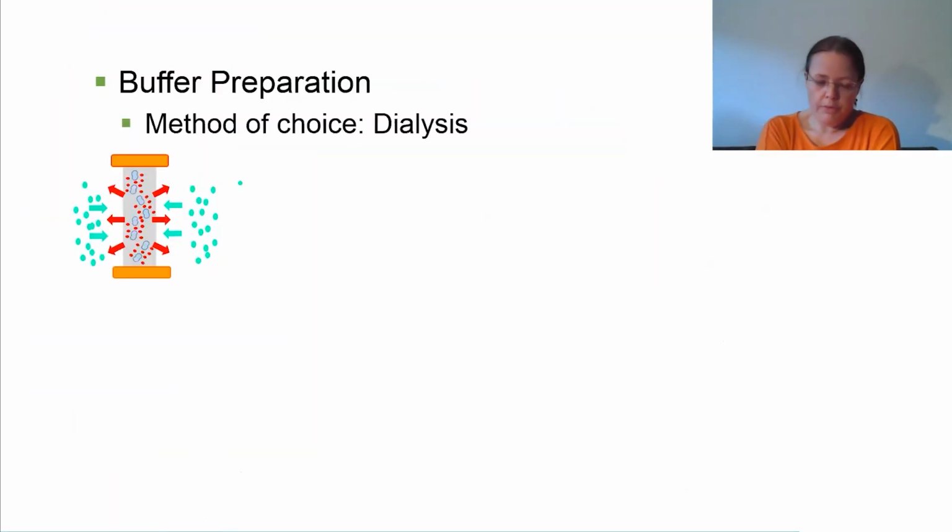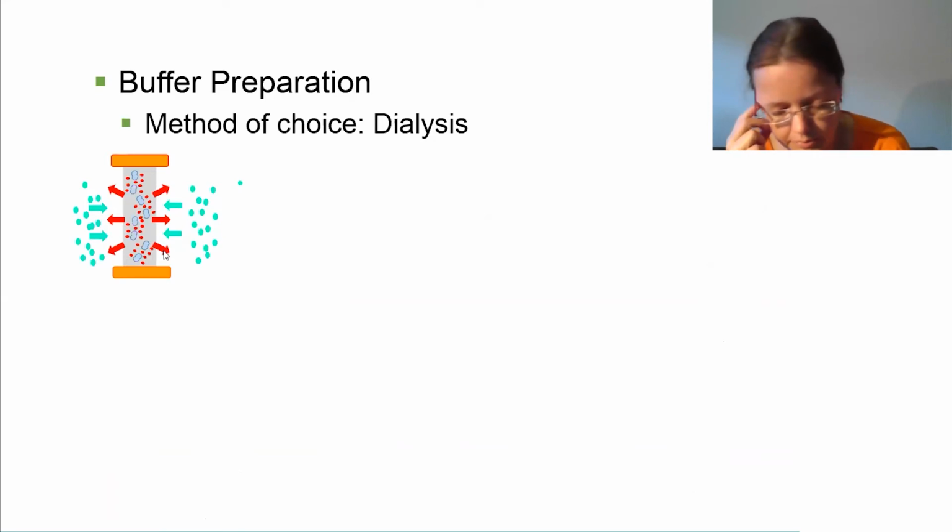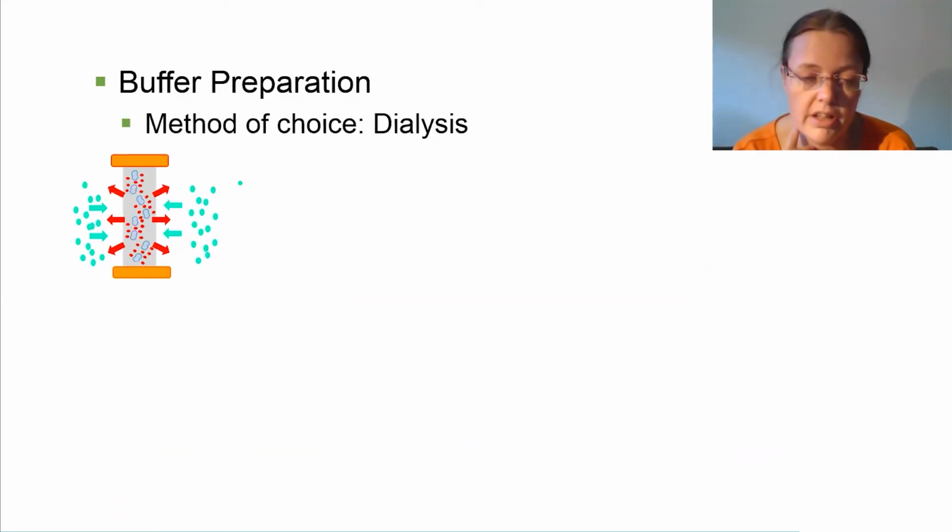Before, when I was talking about how to prepare the sample, I was also mentioning the buffer, and that you would dialyze your sample to get this. That's really the best method of choice, to perform a dialysis to make sure that you have a good background that you can measure and use for the background subtraction. This is a really important step during your SAXS experiment, to make sure that your buffer really does look like the buffer that your sample's in, so that you can subtract any scattering that's not coming from the sample.